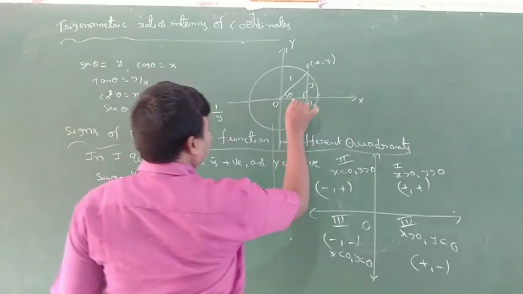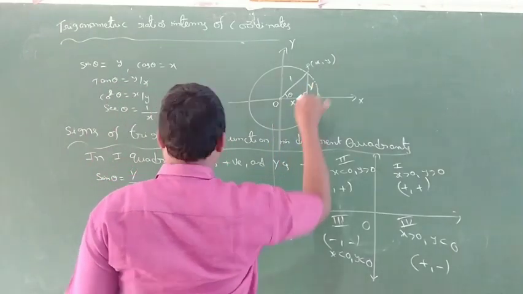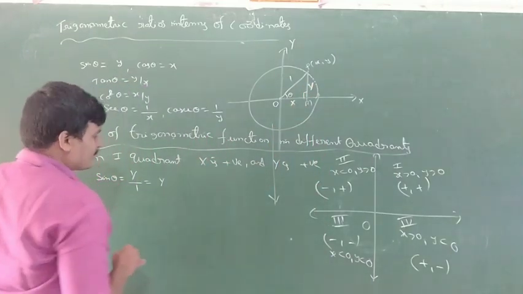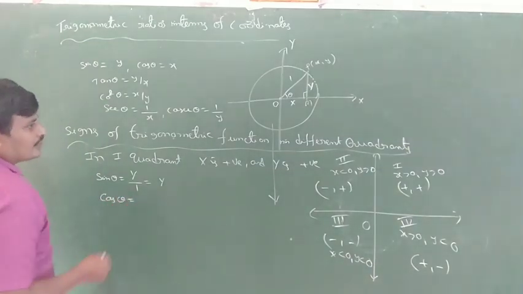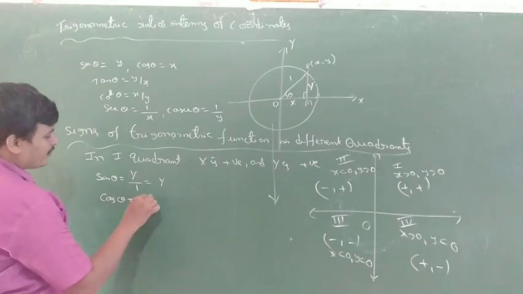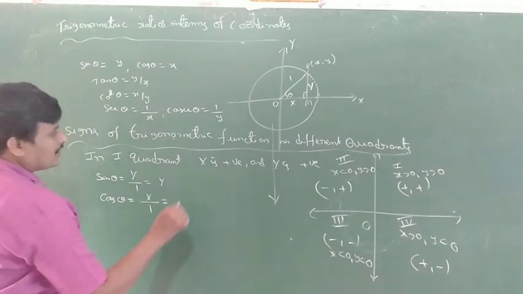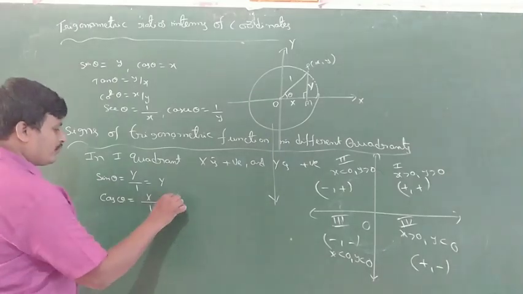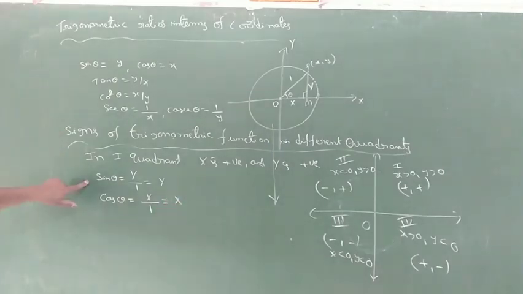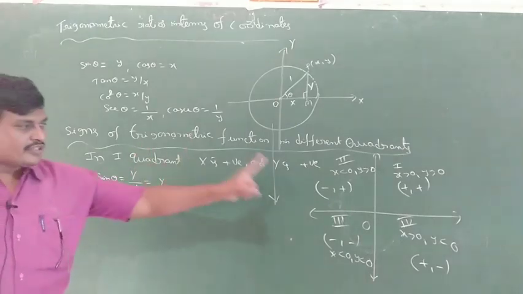Positive. Cos theta is equal to adjacent side by hypotenuse, x by 1. Here x is positive, so cos theta is positive. Sin theta and cos theta are positive in the first quadrant.